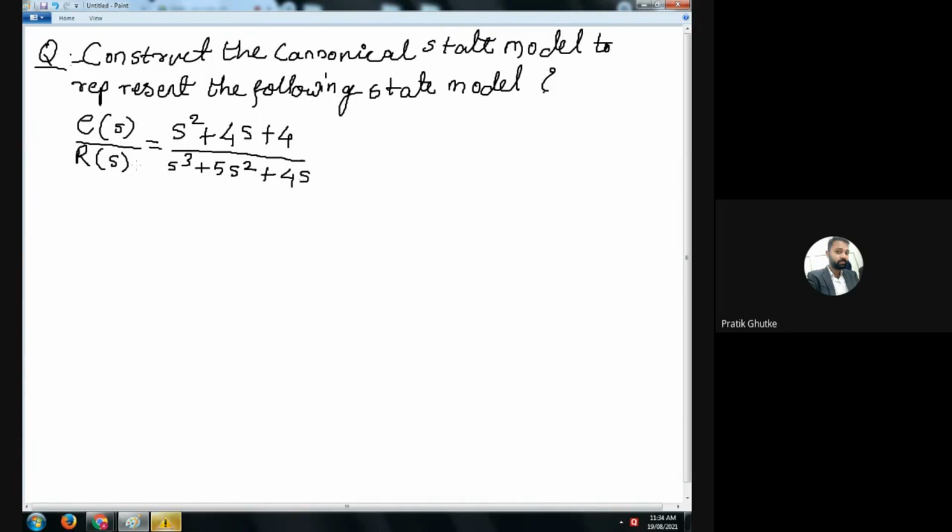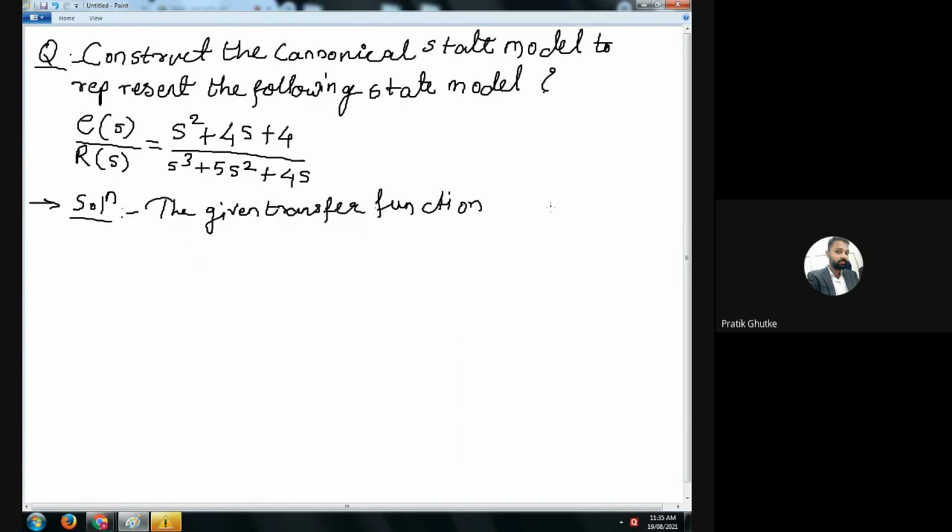So starting with the solution, what is my given transfer function?